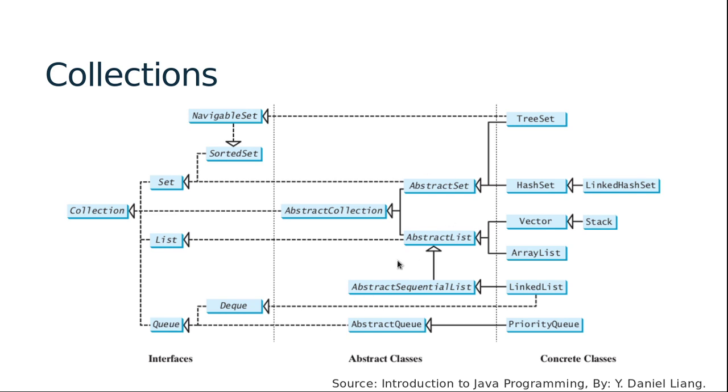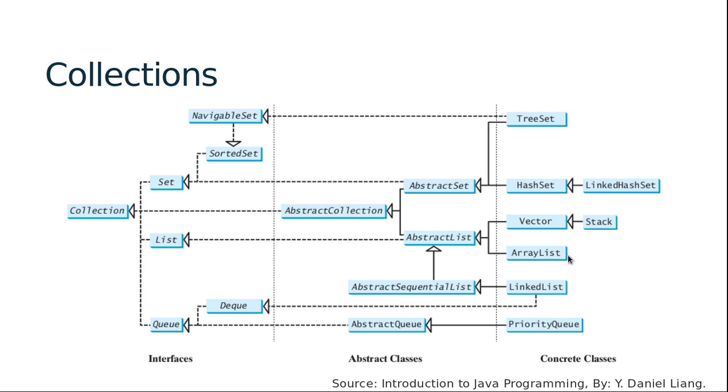These abstract classes define abstract methods, and also a few other methods and properties. And then there are concrete classes which have the final implementation of all those abstract methods defined in the abstract class or in the interface.